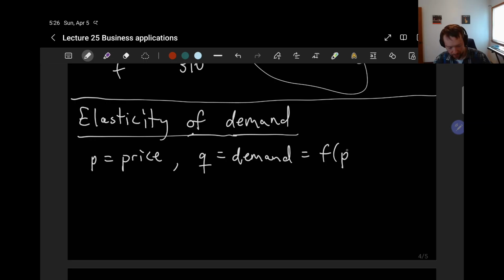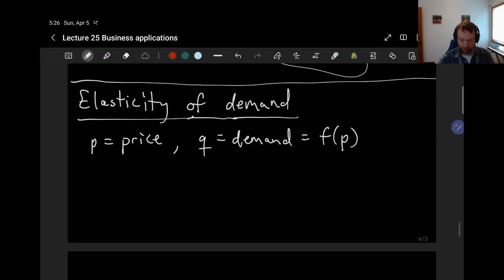And I'm going to write also F of P. By that, I just mean that it's a function of P. It depends on the price. That affects people wanting your product. So I'm not going to totally derive this here. You could look at it in the book if you're really interested.